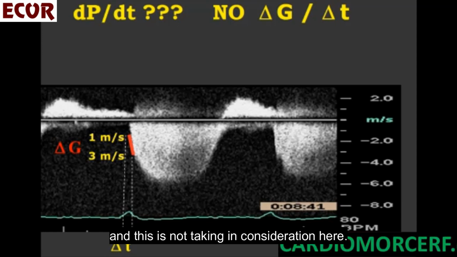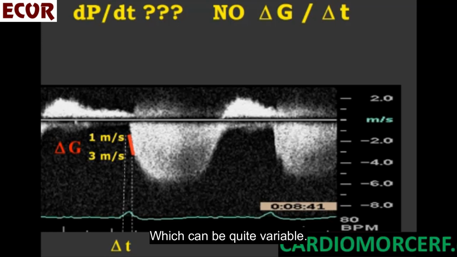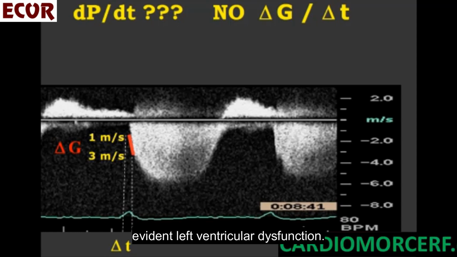And this is not taken into consideration here, and hence it is also dependent on the left atrial compliance, which can be quite variable. Not a good method, not accurate. Furthermore, it is only abnormal when there is an evident left ventricular dysfunction.